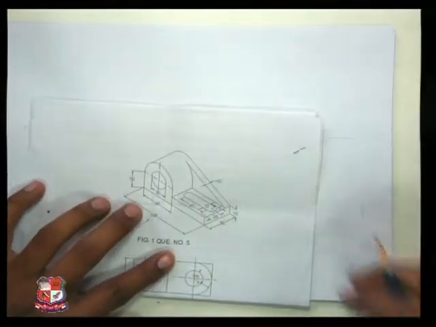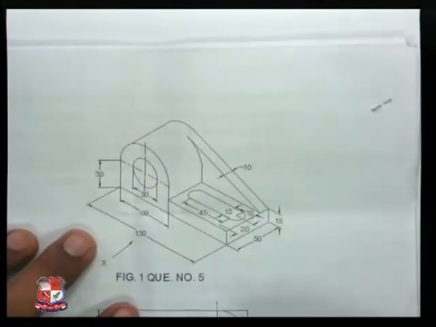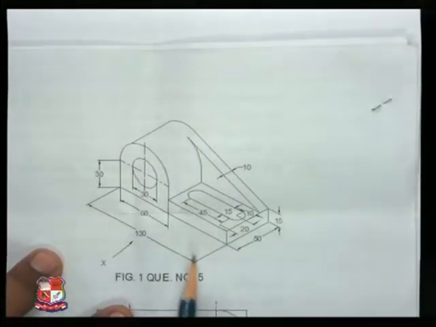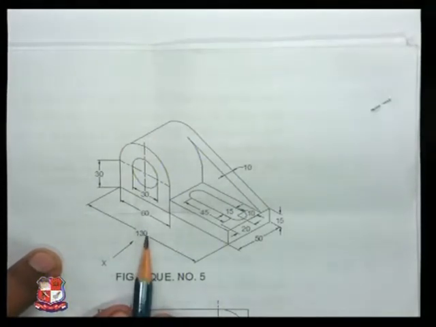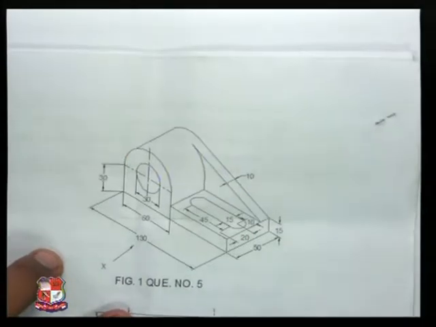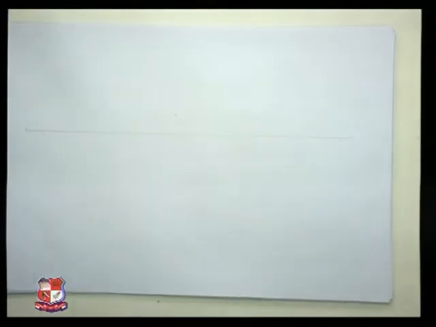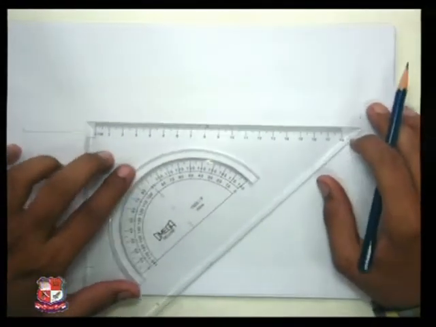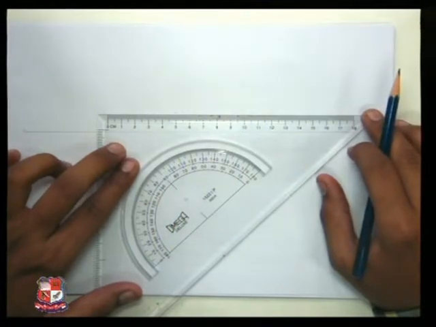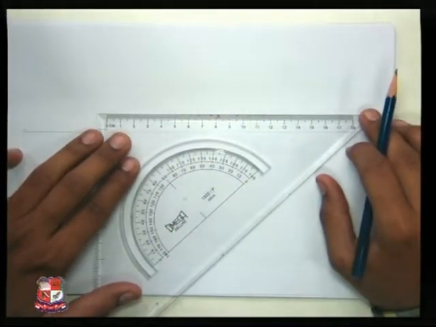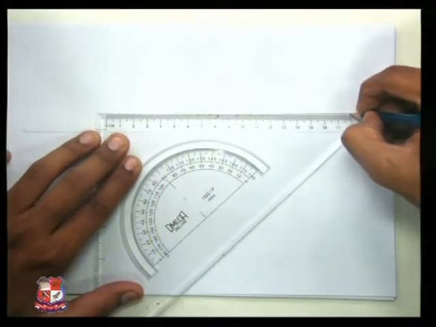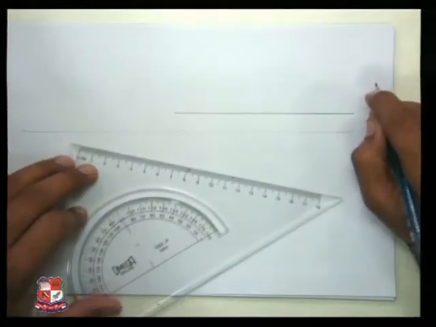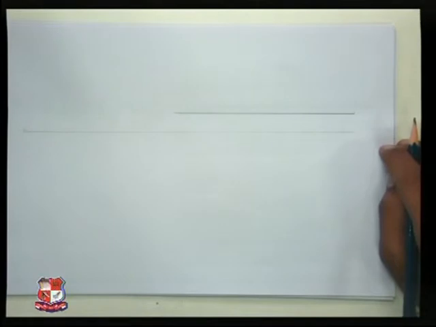Now this is the problem. If you can see, the total length is given as 130 mm. So first of all we will draw this 130 mm horizontal line. Horizontal line.